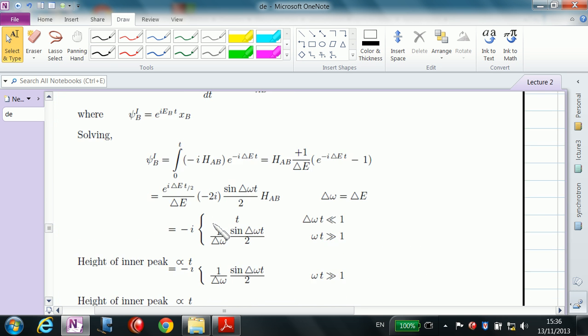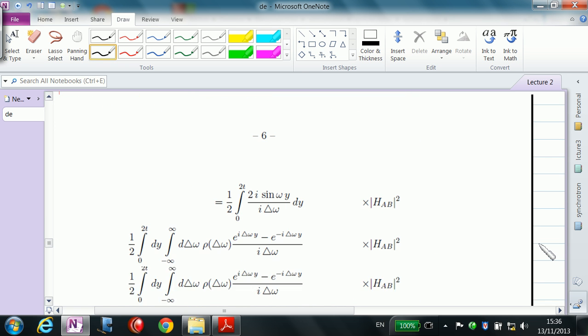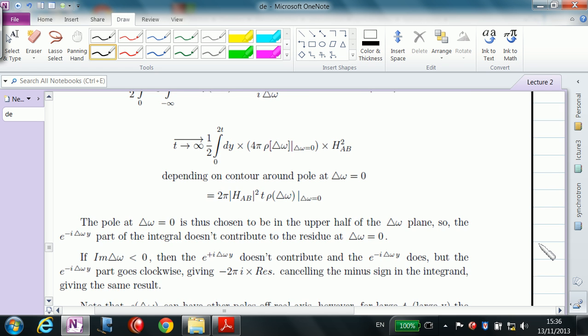Right. The next thing in the course notes is the derivation of Fermi's golden rule for quantum mechanics.